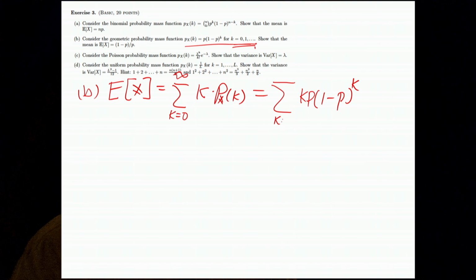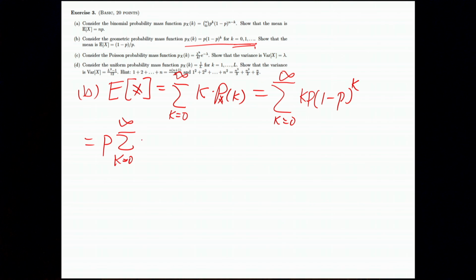So k is from 0 to infinity. Since p is not related to the summation over k, I take p outside the summation. So here is k times (1 minus p)^k.